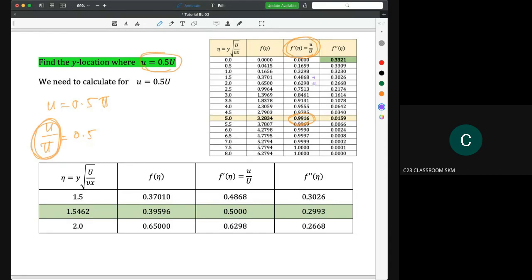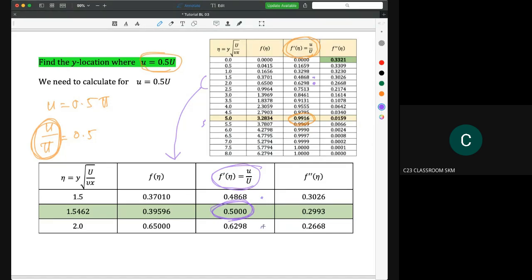Okay, what we need to do is interpolation. So we need to get the value of 0.5 based on the ratio. Let's say we create a new table here, based on the previous one. If u over U here is equal to 0.5, we could use these two values to calculate other values.